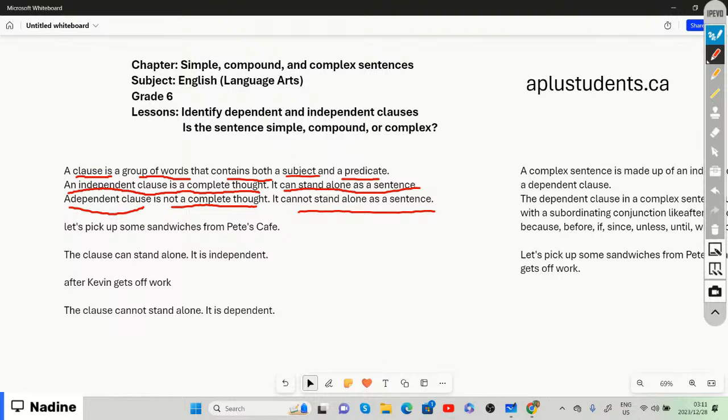If we look at the clause, or the sentence that says, "Let's pick up some sandwiches from Pete's Cafe." This is basically a clause that can stand on its own, and a clause that can stand on its own, we call that an independent clause.